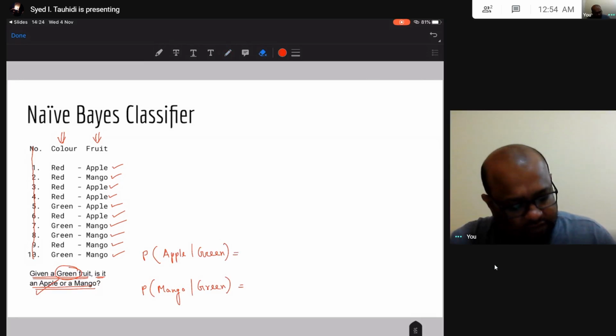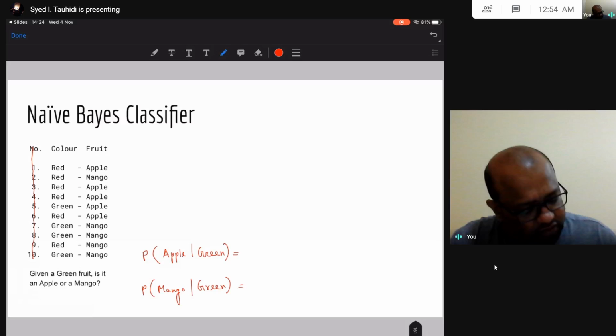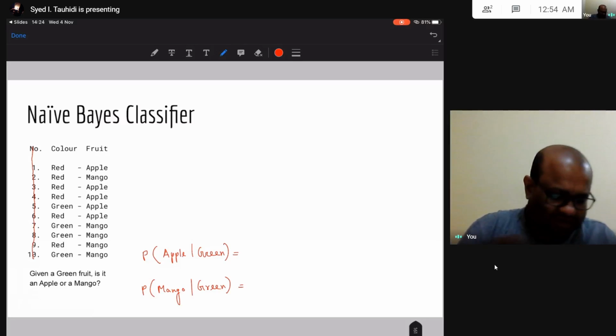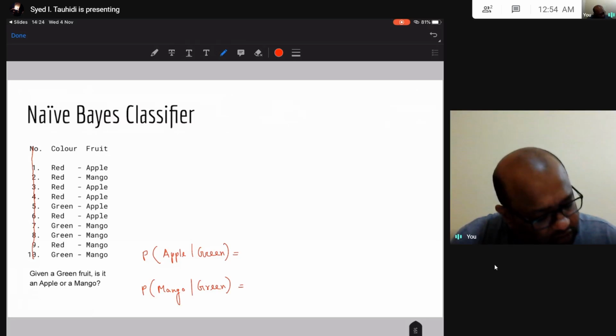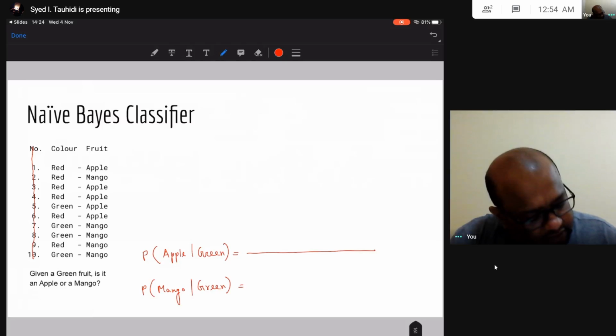So let's go ahead and try to solve this. Bayes' theorem gives us that the probability of the fruit being apple given that the fruit is green is equal to the probability of the fruit being green given that the fruit is apple, times the probability of apple, divided by the probability of green.